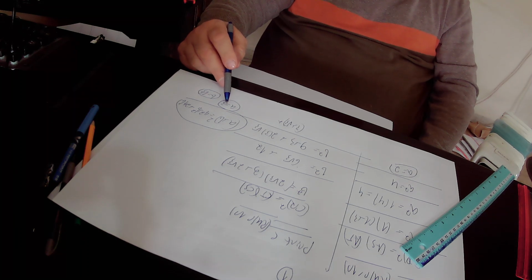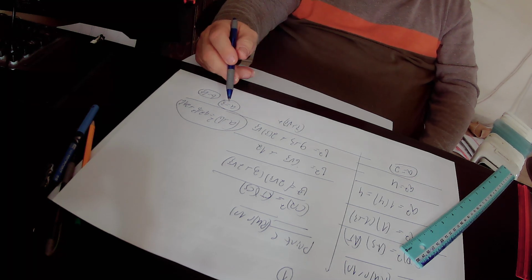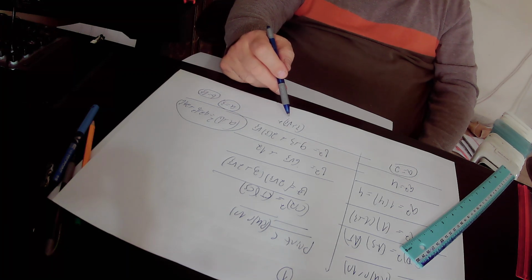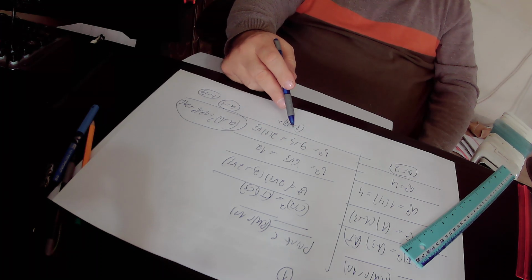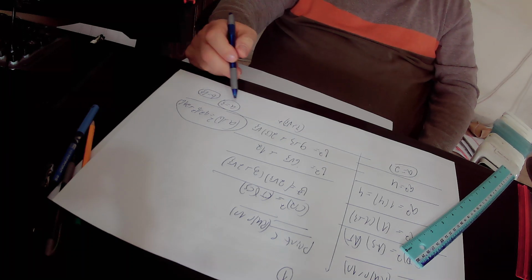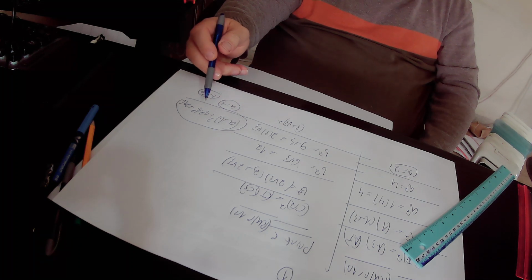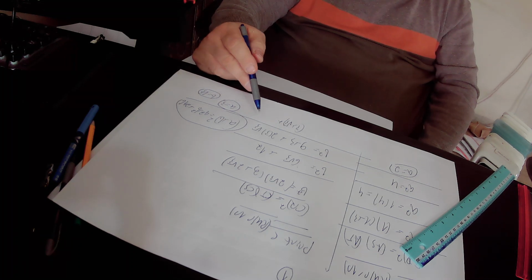And you can see that (a plus b) squared equals a squared, so 3 squared is 9, plus b squared. b is square root of 3, therefore b squared is square root of 3 squared, that is 3, plus 2 times a times b, 2 times 3 times square root of 3.